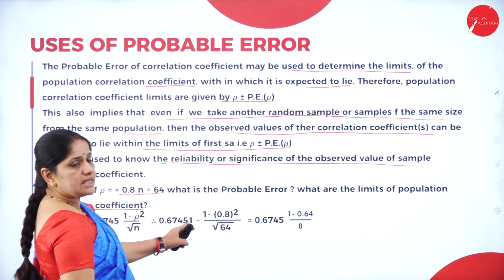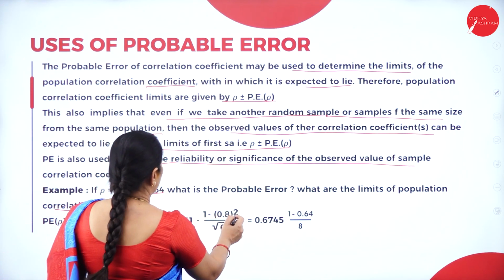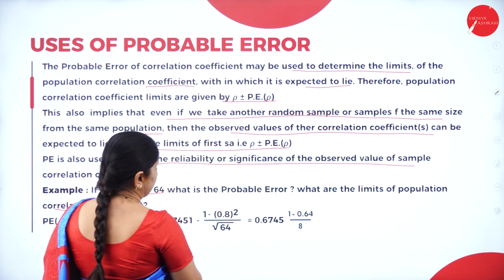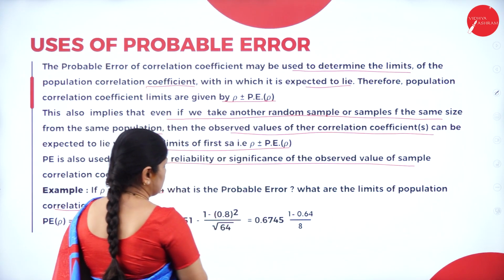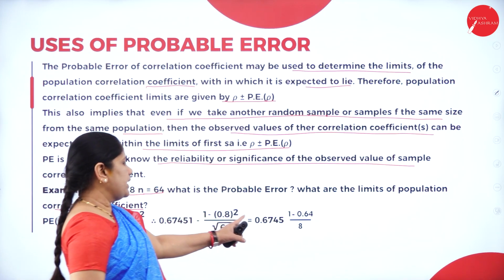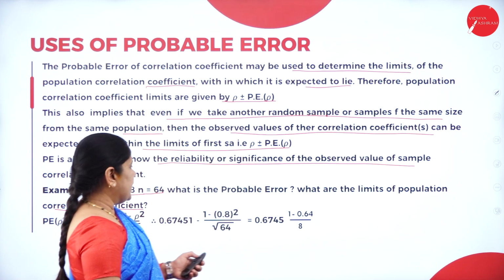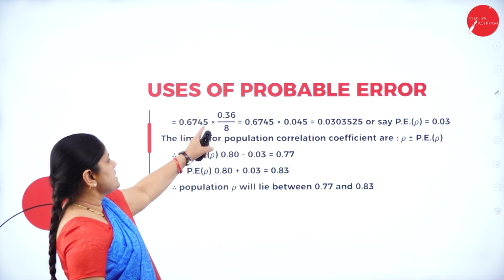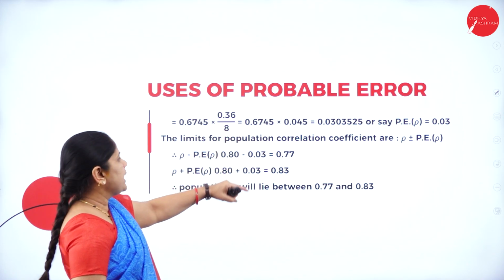So, 0.6745 into 1 minus 0.8 the whole square divided by root 64. I just substituted the values here. 0.8 the whole square will be 0.64, and the root of 64 is 8. So, 0.6745 into 0.36 divided by 8.